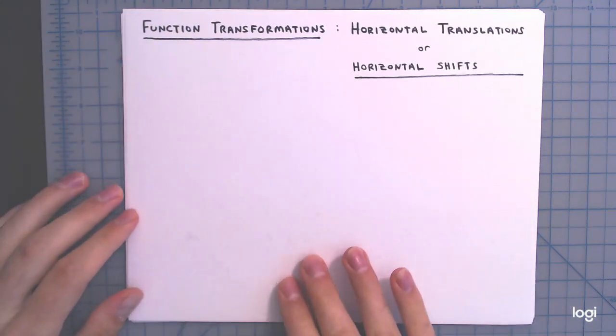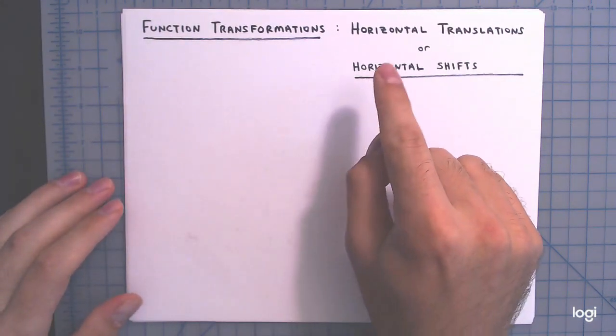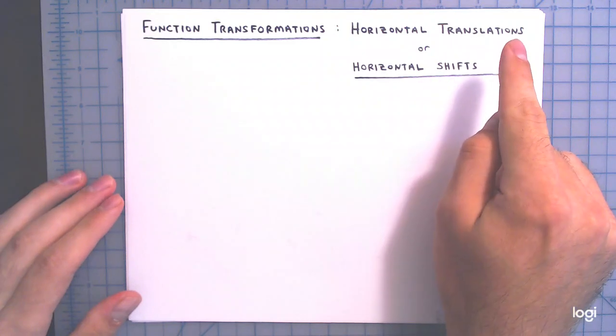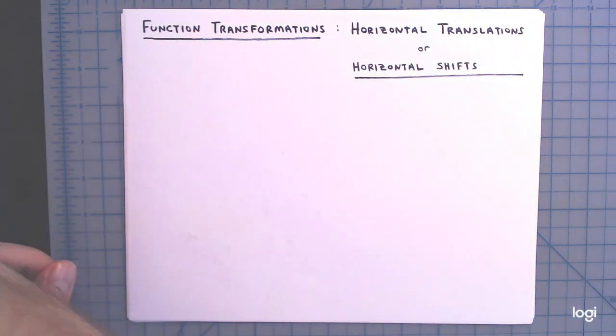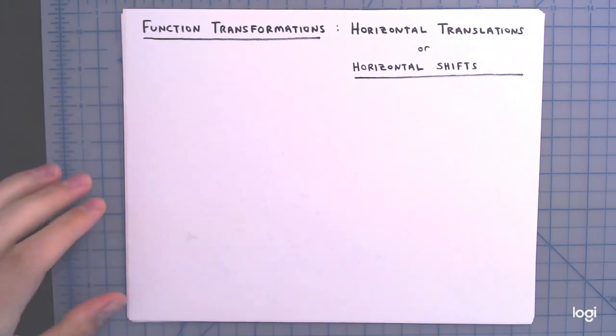I'll start with these function transformations, and this type called horizontal translations or horizontal shifts. This is simply moving the graph to the left or to the right on the coordinate plane, horizontally.